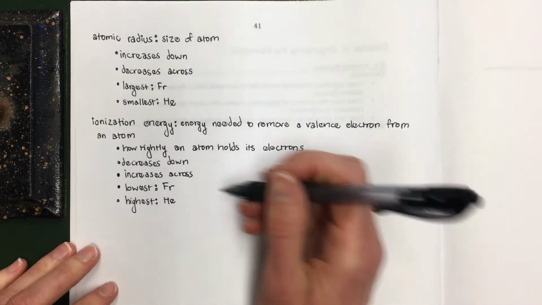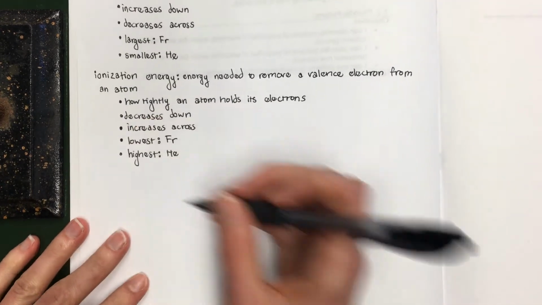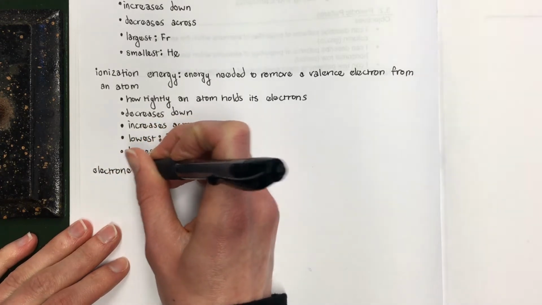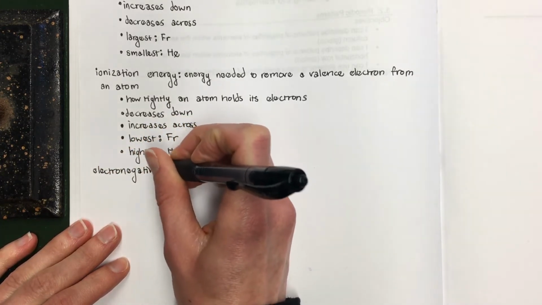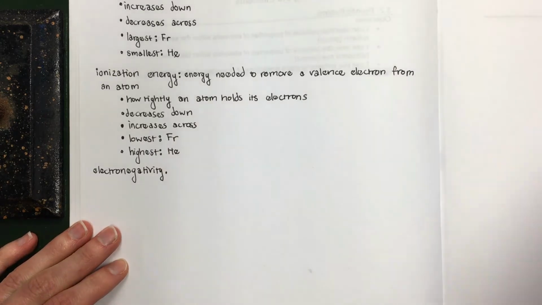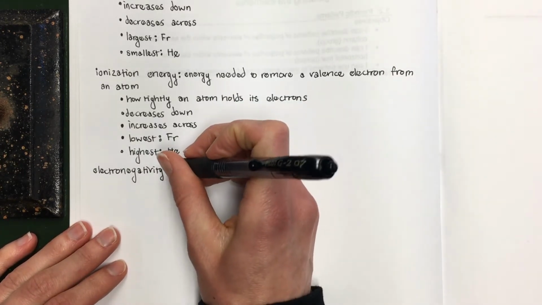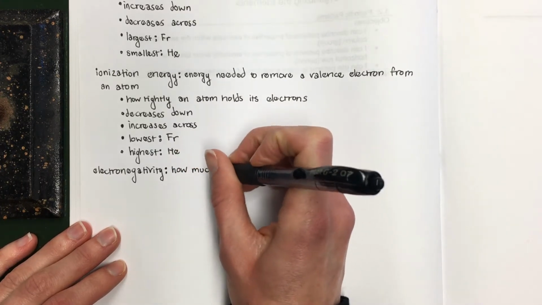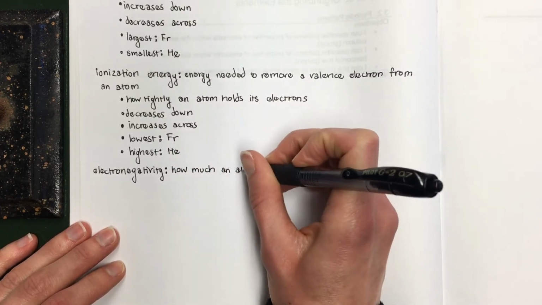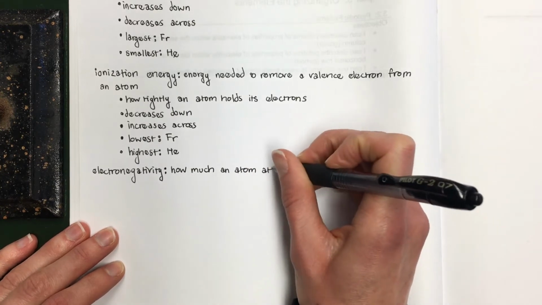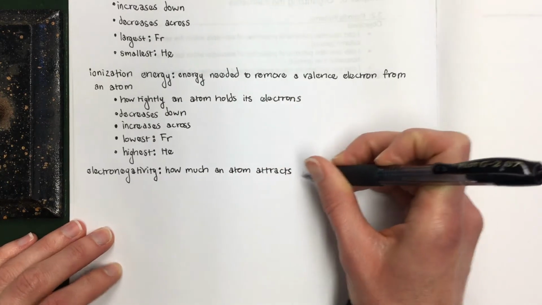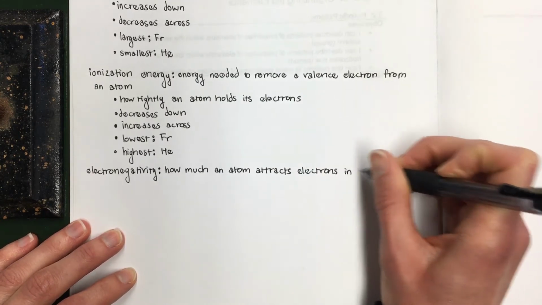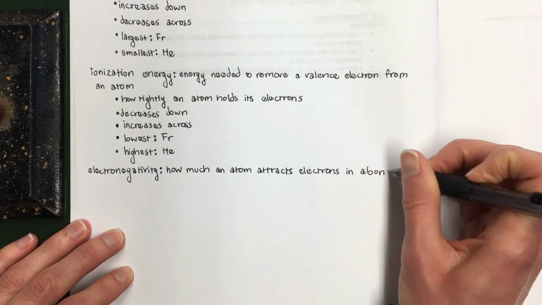Okay, last trend we're going to talk about is something called electronegativity. And you can just think of electronegativity as how much an atom attracts electrons in a bond. So it's kind of like how much it wants more electrons.